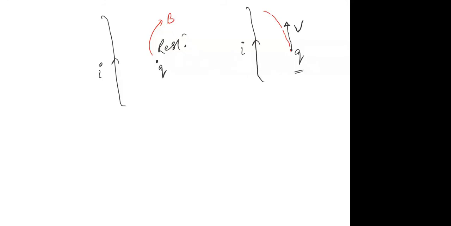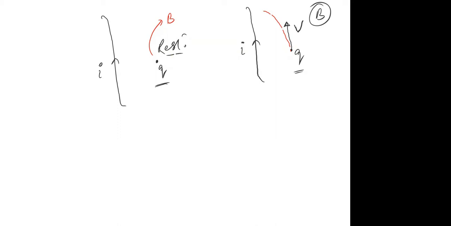Now, if I ask you which field is here, of course there is only one field, which is magnetic field. If the charge would have been experiencing a force because of an electric field, then it must have experienced this force when it was at rest, right?